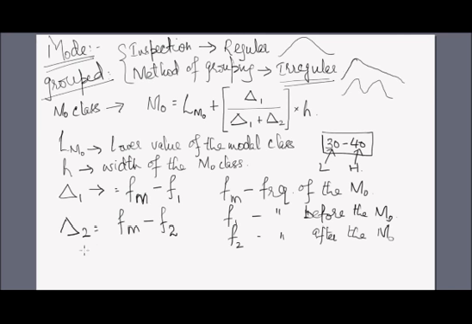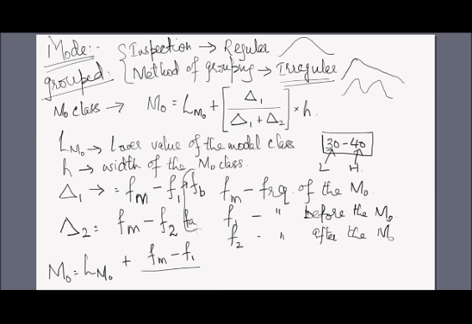Okay, so now if I substitute the value of delta 1 and delta 2 here, I can also write my formula like this: mode equals lower value of the modal class plus, in place of delta 1 I can write fm, that is frequency of the modal class, minus frequency before the modal class. Instead of f1 you can also write it as fb and fa to avoid confusion. It's up to you, whichever you are comfortable with.